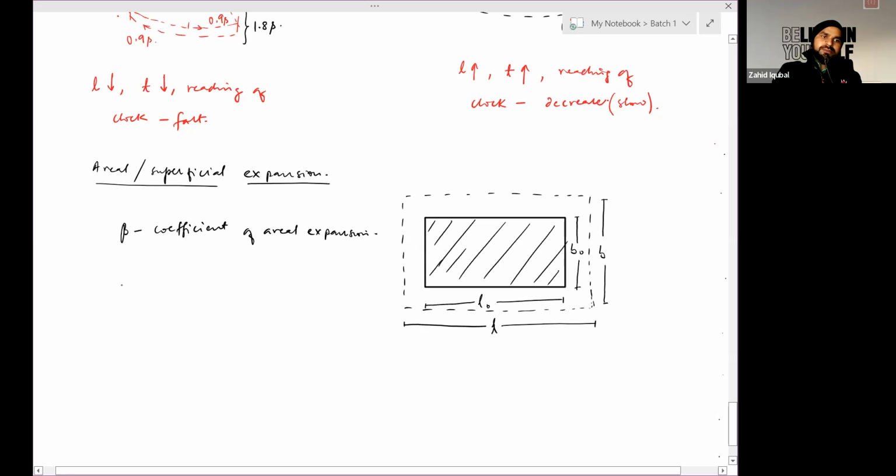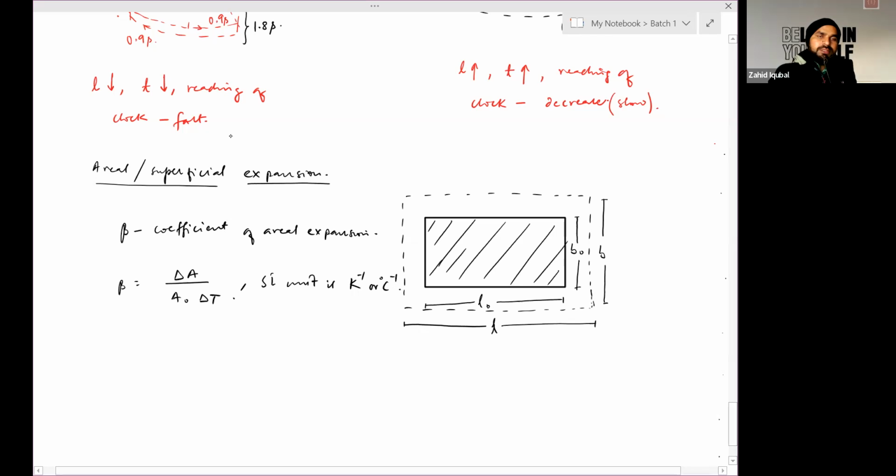It will be equal to the change in area divided by the original area times delta T. The unit related to this term will again be Kelvin inverse or Celsius inverse.